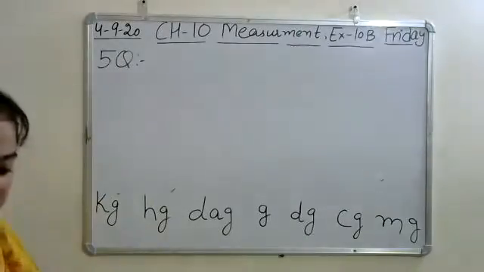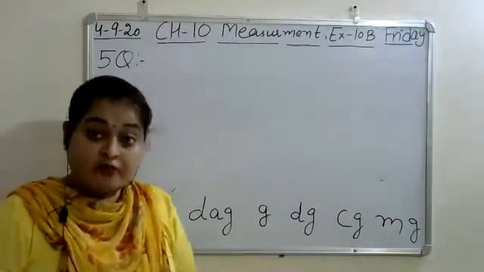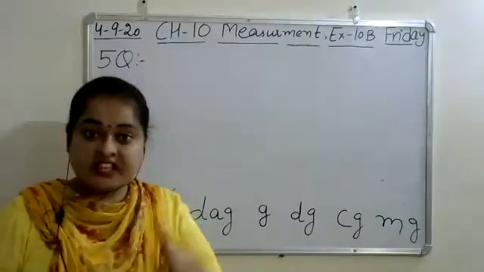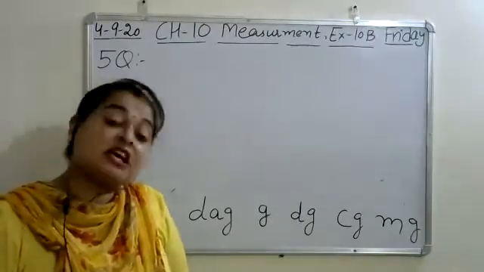The question is, one biscuit weighs 3 gram. The weight of one biscuit is given to you. Find the weight of 1 dozen such biscuits.